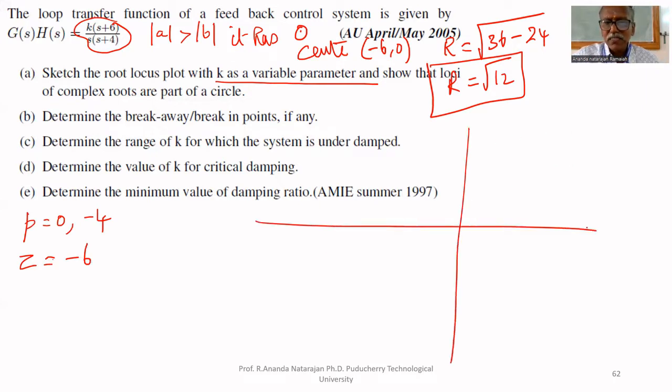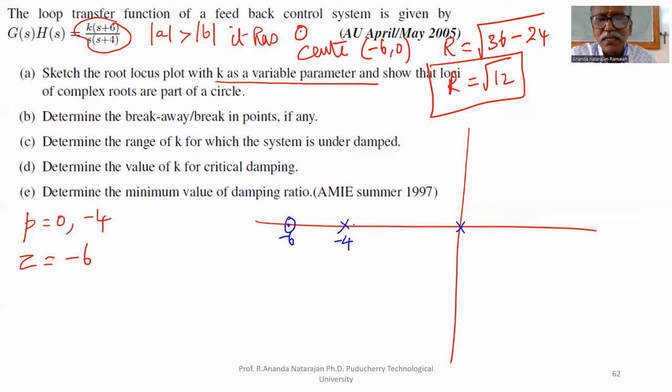The root locus branches, one is at 0, and another one is at minus 4, and zero is at minus 6.